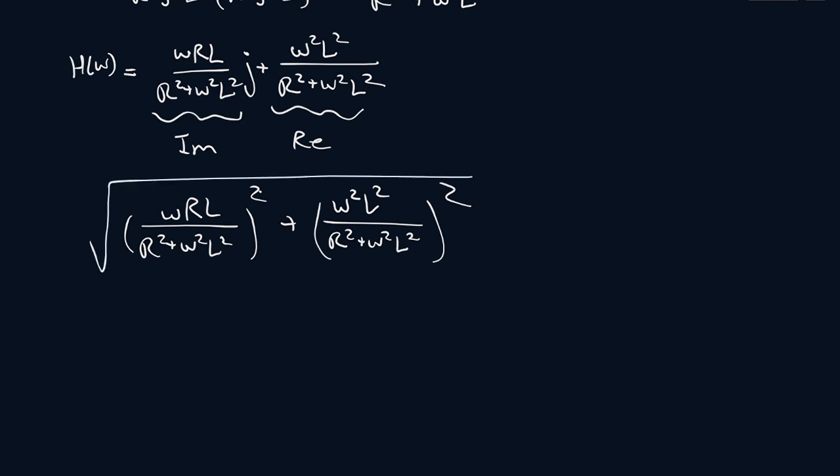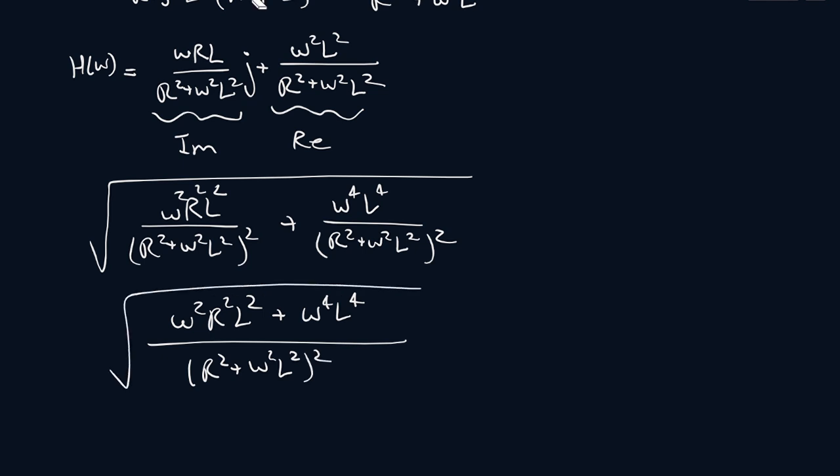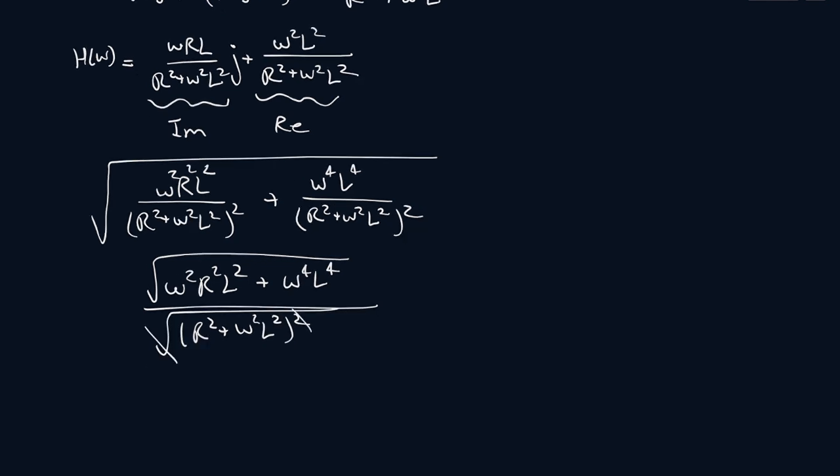Sorry, I forgot to include that. So distribute the square into all of this. And same goes for this one. And now you see we have a common denominator, so we can just add these up. Now the square root, we can square root these individually, and we see this and this cancels each other out.